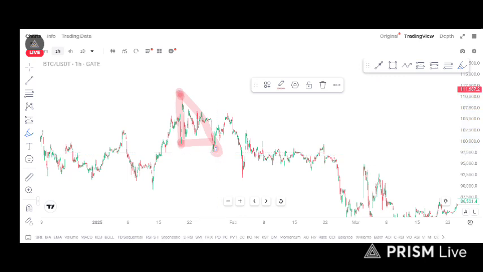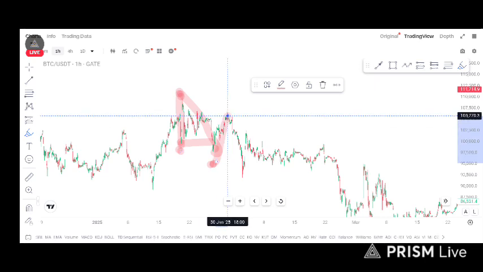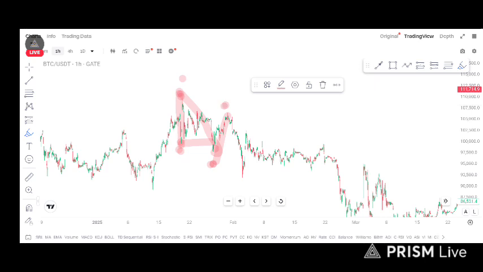It gave us a lower low. Here is now our lower low. Why? Because this low is lower than the previous low. Then it gave us a high, and here is our lower high, because this new high is lower than the previous high.